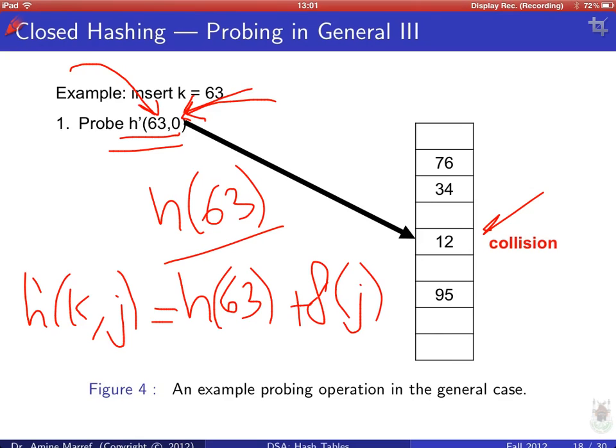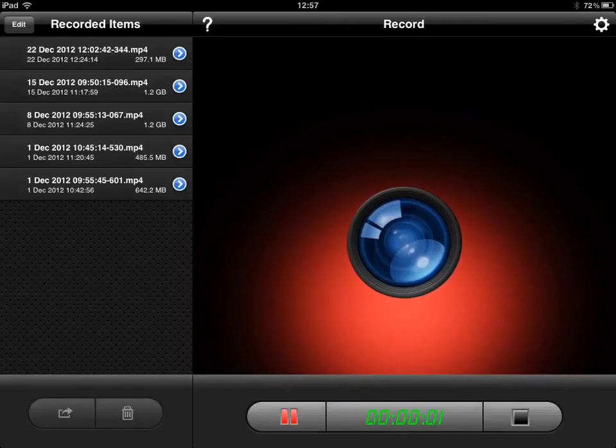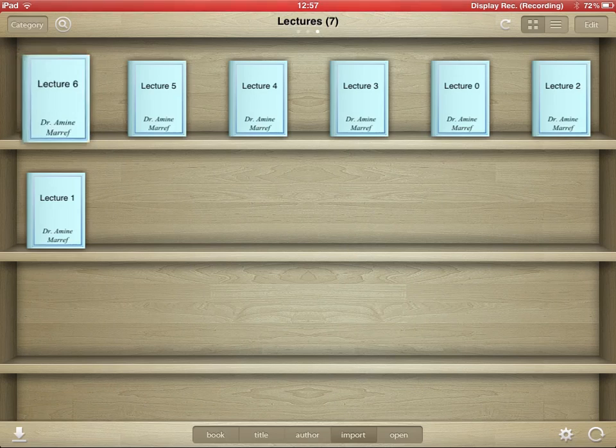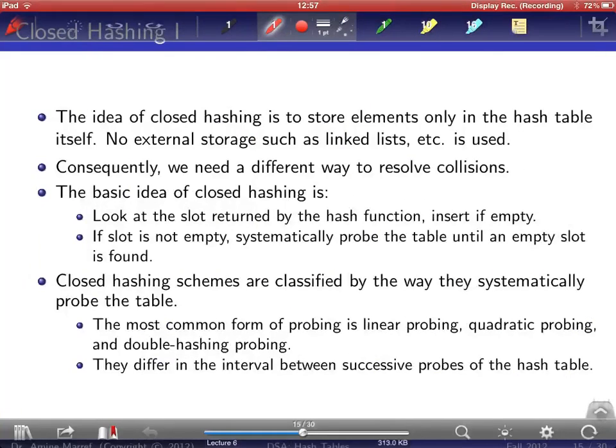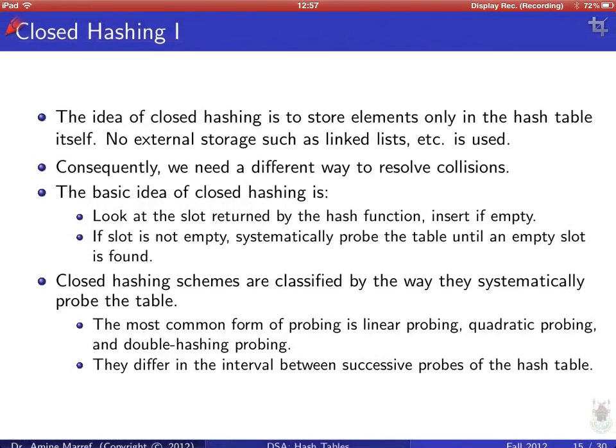So the hash function of closed hashing is going to be this hash function plus a function of j. With j equal to 0, this will always return the value of the hash function itself, which means f of 0 is going to be 0. So this hash function is telling us that we should go to this place.